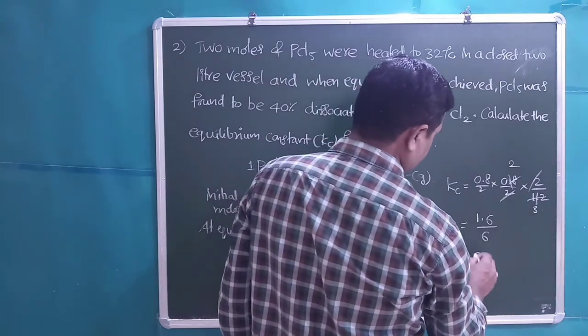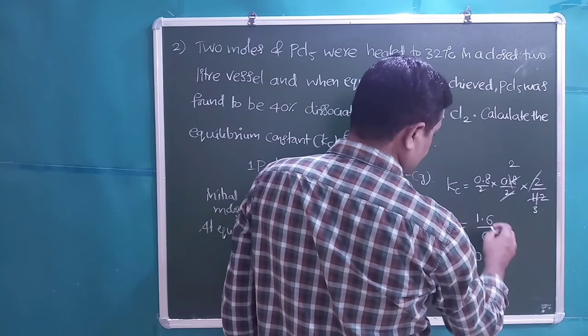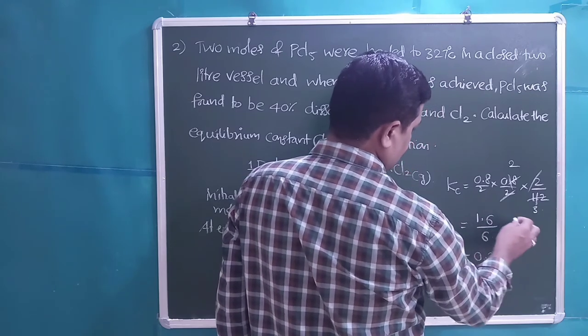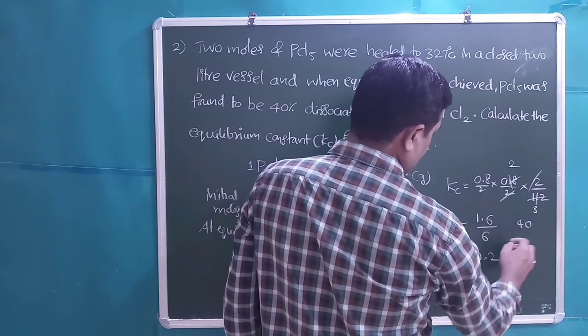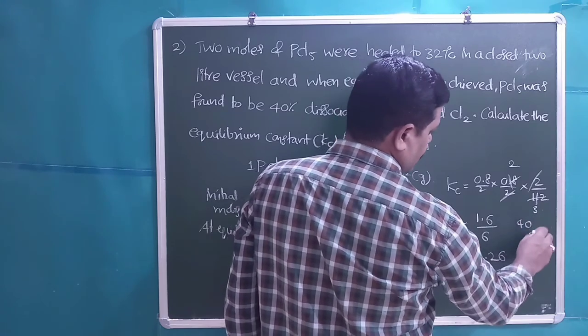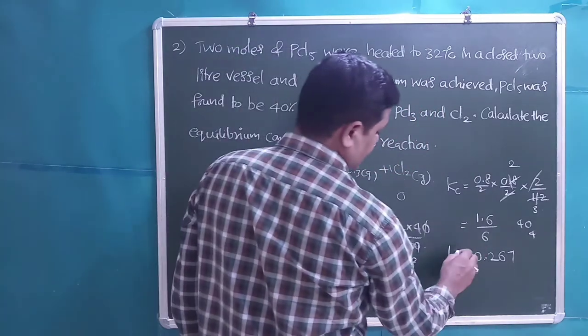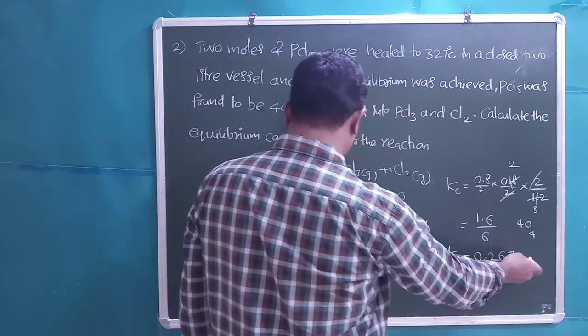Let us simplify this. So approximately we will get 0.267. Kc is equal to 0.267.